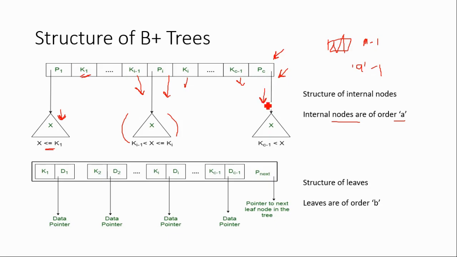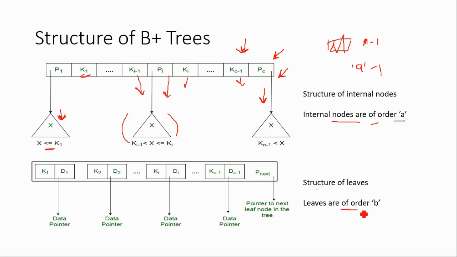But there is an important difference: till now, this internal node order A is defined for the internal nodes only. And for leaves we have another order.